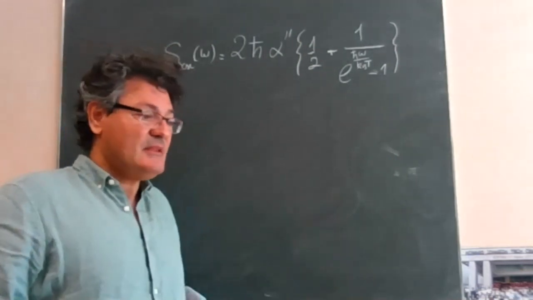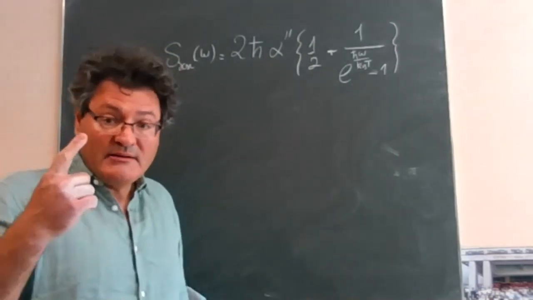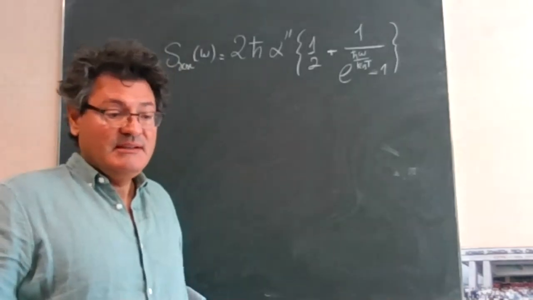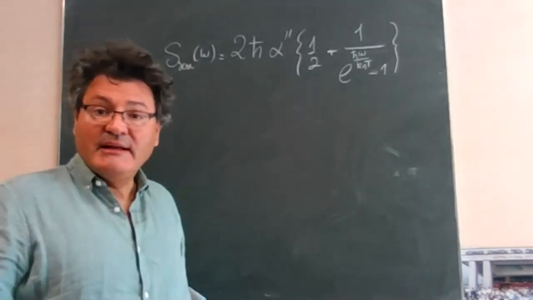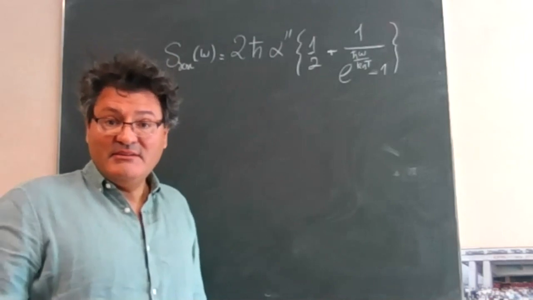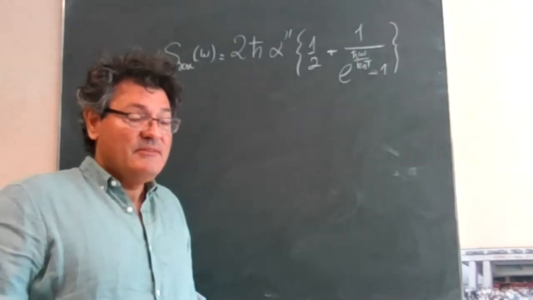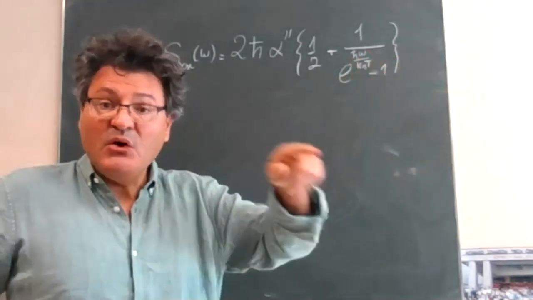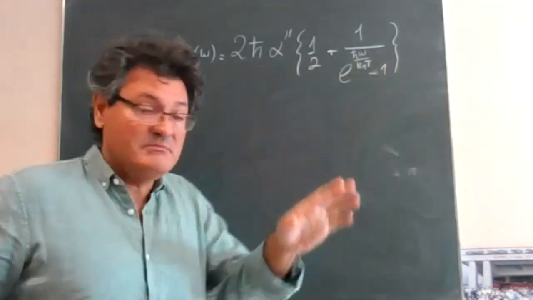We select one observable, one physical quantity that we are interested in. This could be a mechanical quantity, like the component of the acceleration along one direction of one specific point of the system.